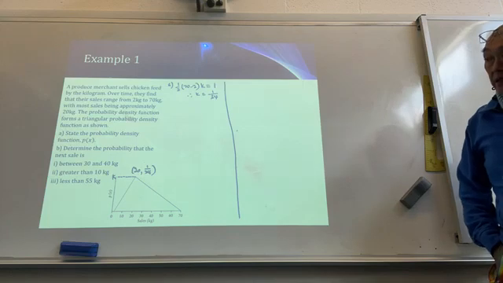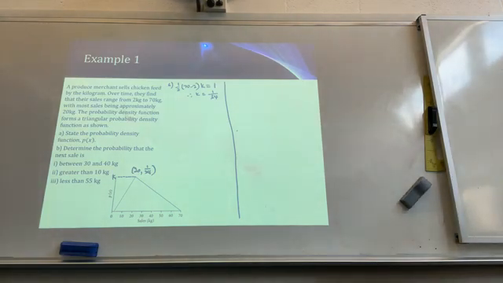So I'll give you a couple of minutes to find the gradient of both lines and find the equation. What I'm trying to do is guide you step by step through how to answer a question like this.